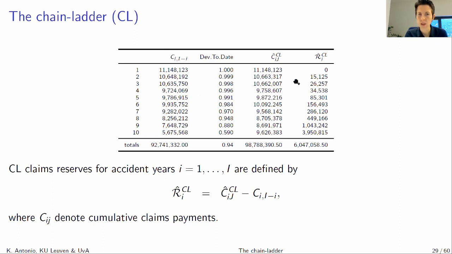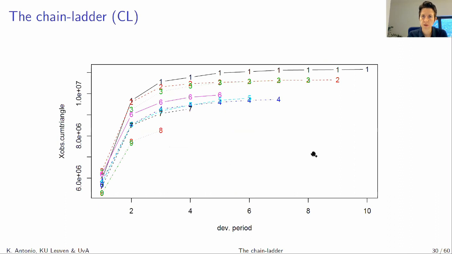So here my ultimate claim amount over the whole portfolio that is captured by this triangle would be about 6 million euros in a best estimate nominal way. So no discounting applied, no risk margin, nothing. Okay, so that's what my chain ladder does.